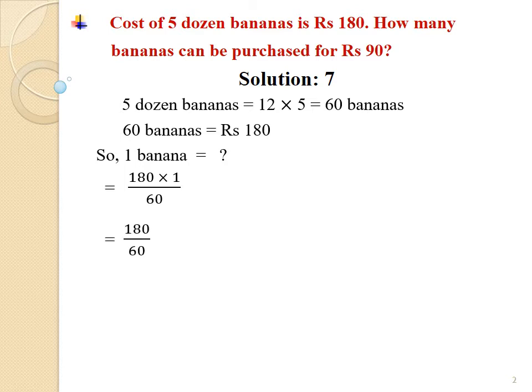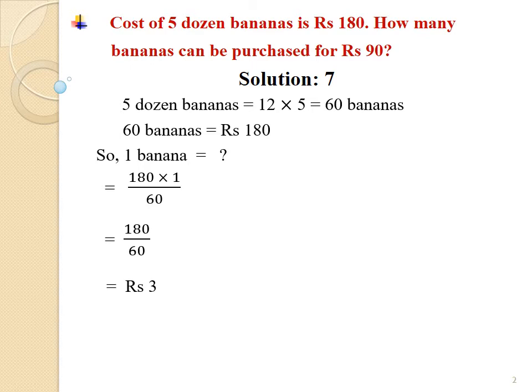Now dividing 180 by 60, we get 3. Thus, one banana can be purchased for rupees 3.